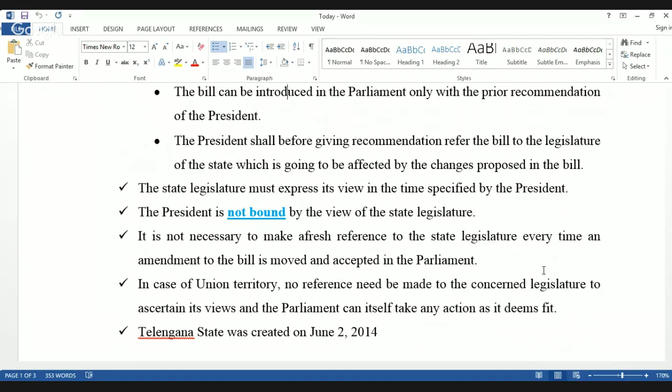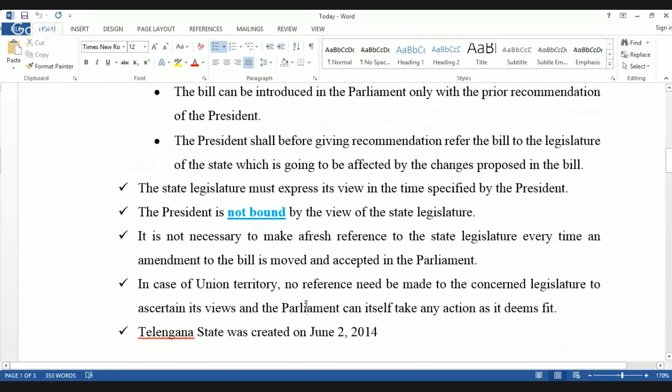I gave you the example already. Let me go further. The state legislature must express its view in the time specified by the President. Whatever may be the view, the President is not bound by the view of the state legislatures. Is it okay? Right.